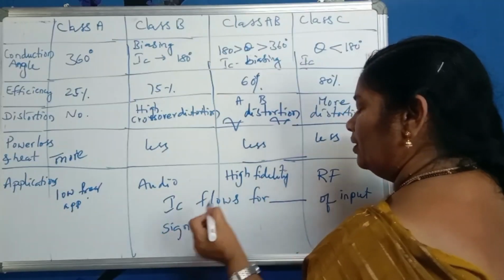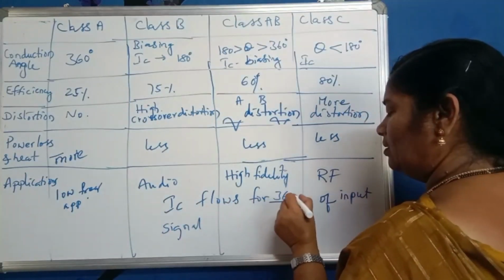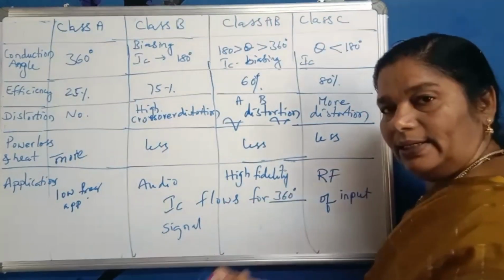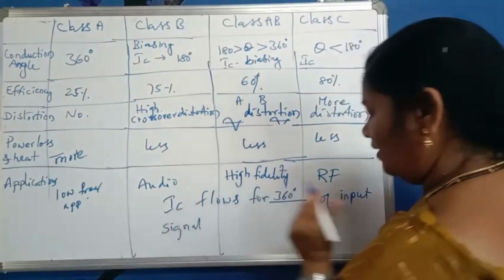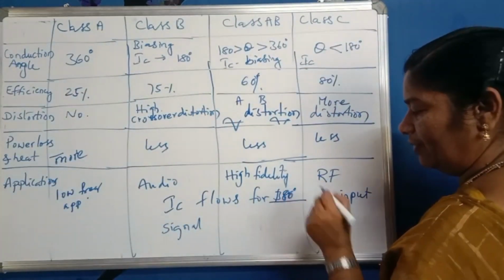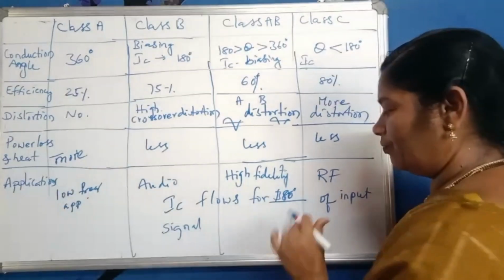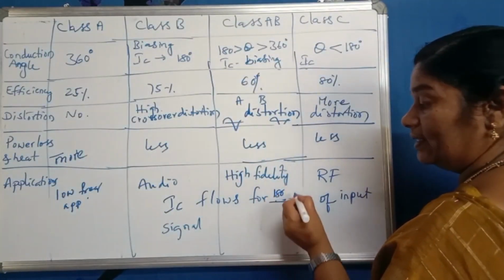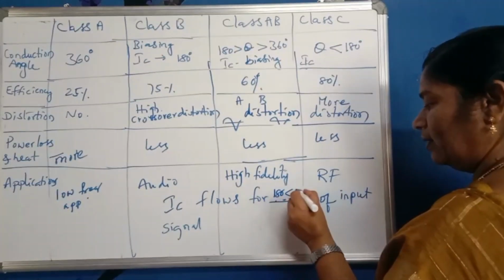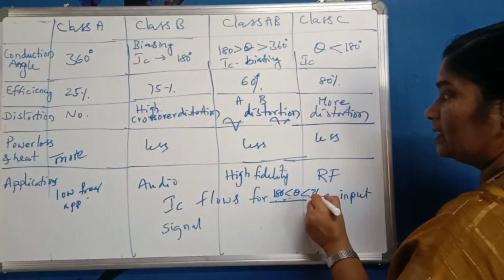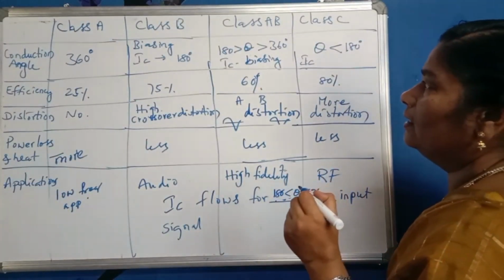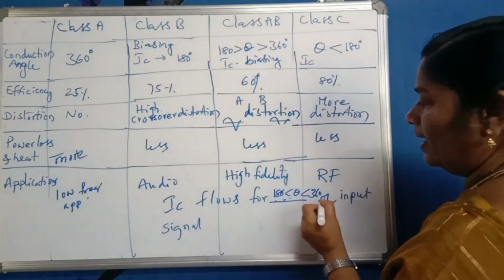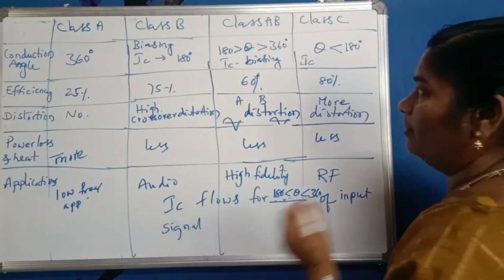So here you can fill in: for 360 degrees of input signal, it is class A. And if IC flows for 180 degrees of input, then it is class B. If the collector current flows for more than 180 degrees and less than 360 degrees, then it is called the class AB power amplifier.